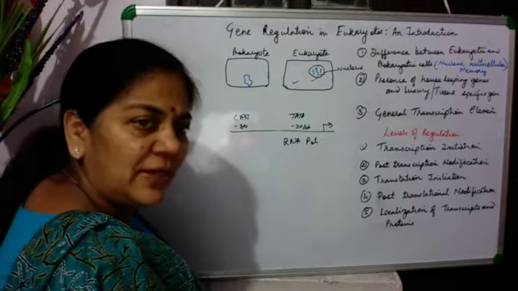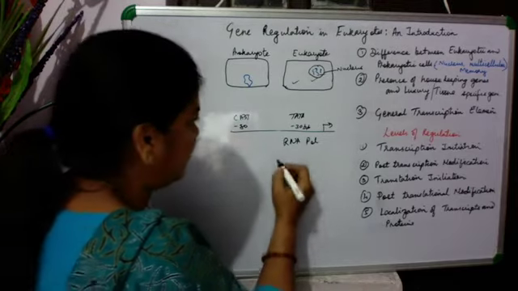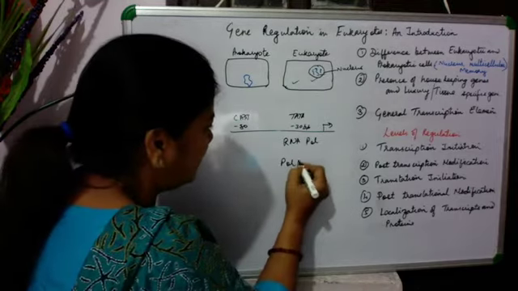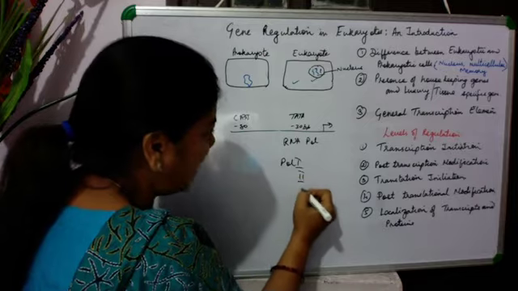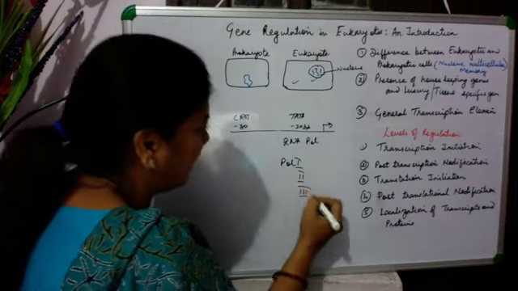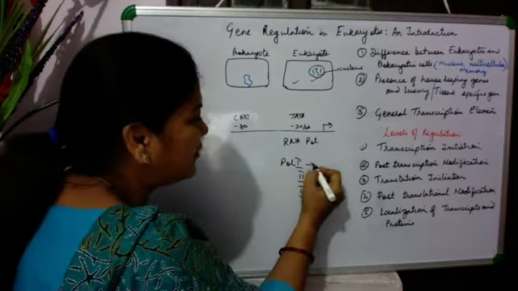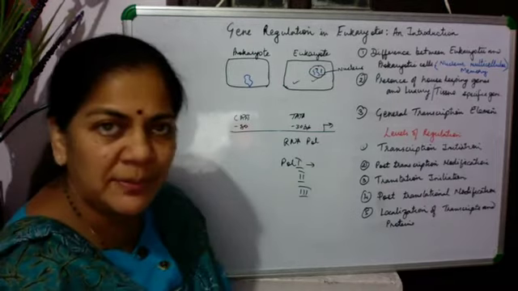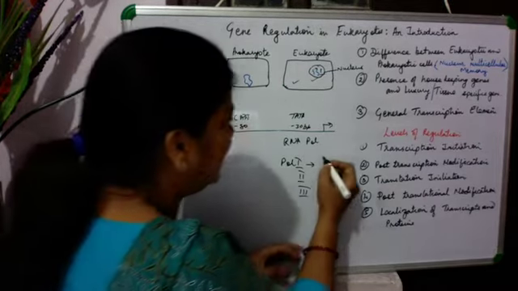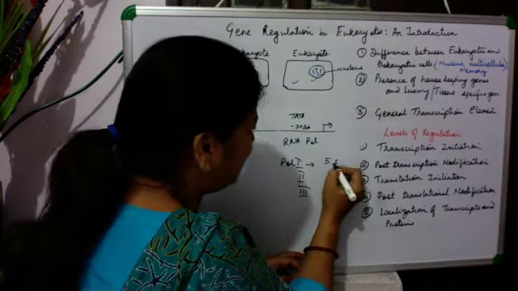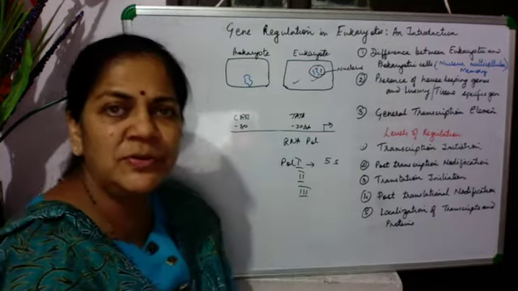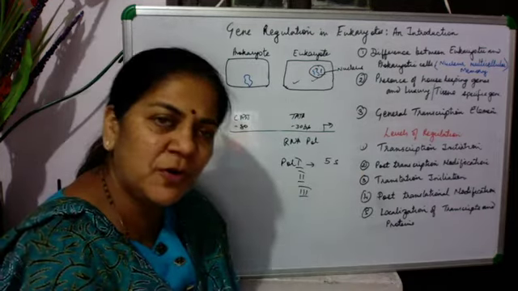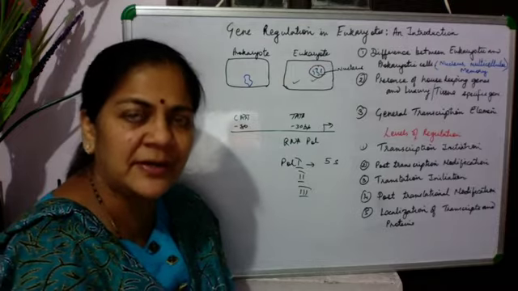Now in eukaryotes, there are three kinds of RNA polymerases: Pol 1, Pol 2 and Pol 3. Pol 1 is responsible for the transcription of all the ribosomal genes except the 5S ribosomal gene. Pol 2 is responsible for transcription of all the mRNAs, the messenger RNAs.